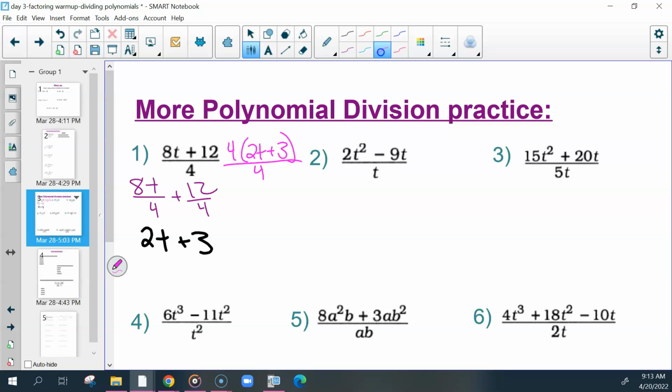If you factor out what they have in common, then you can just divide those two and you're left with just 2t plus 3. So both ways work. Sometimes when you do the factoring method, you have remainders though. So that gets not complex, but you have to leave whatever it is. I don't know if there's examples on this, but I can make up one.